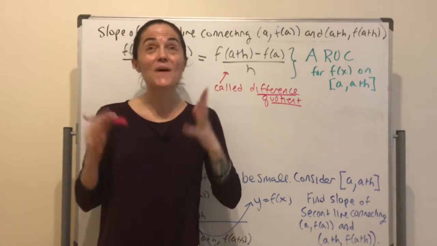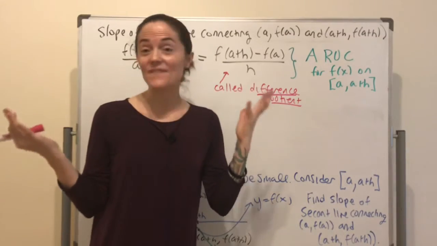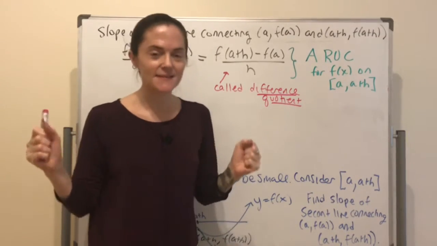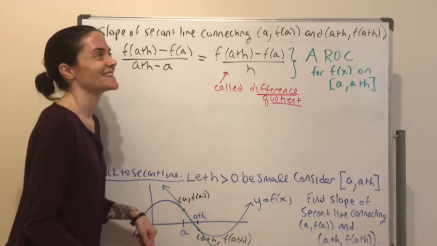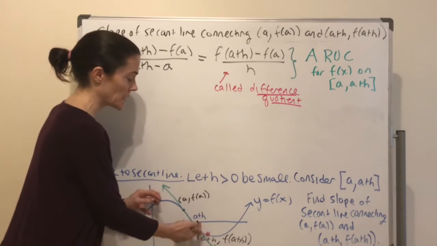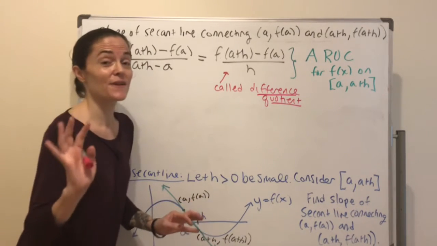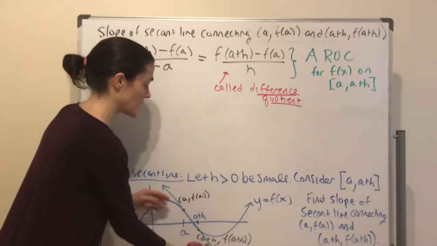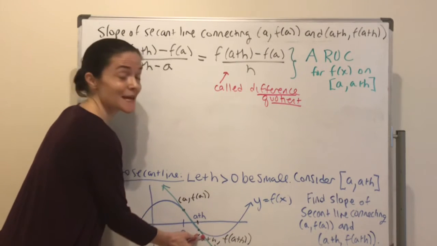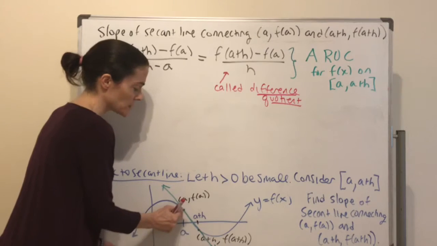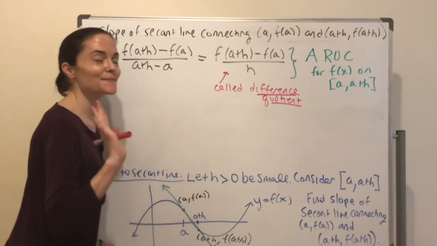Okay, now what makes sense in terms of a definition of instantaneous rate of change? We are going to take h very, very small. So in effect, you're letting this black point get closer and closer to this other black point.